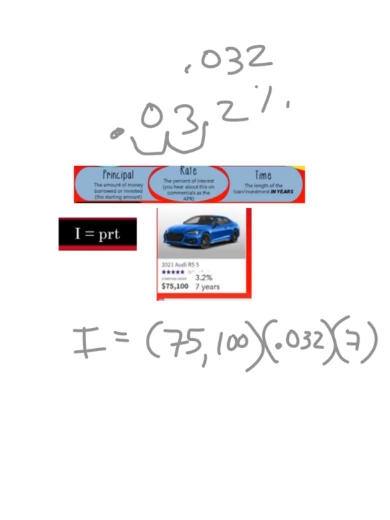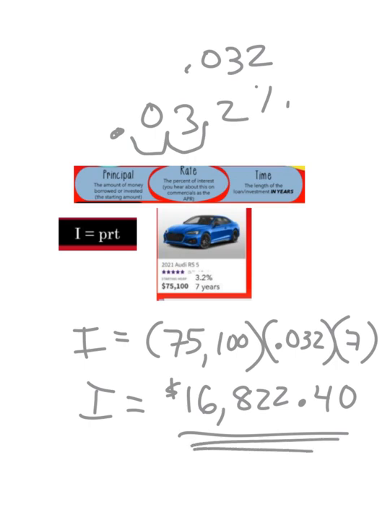I'm going to use my calculator because those numbers are big. So the amount of interest paid over the course of these 7 years is going to be $16,822.40 on top of the principal.